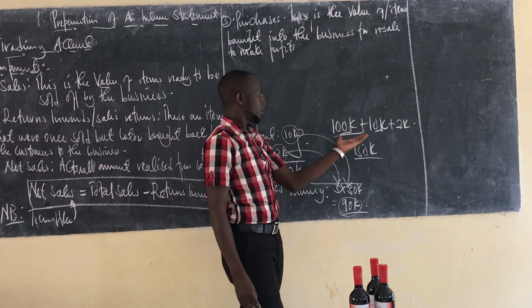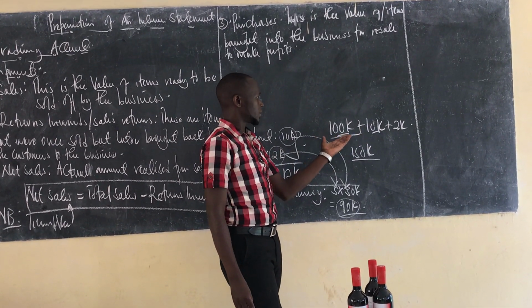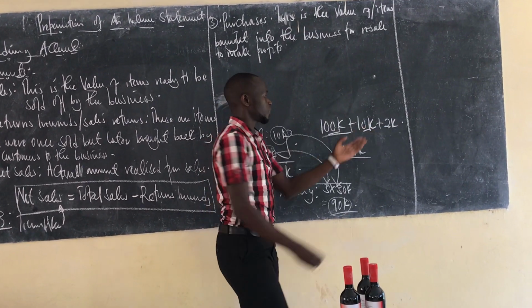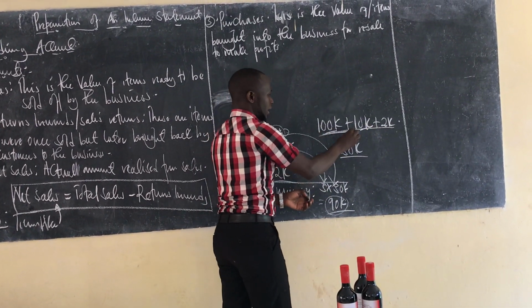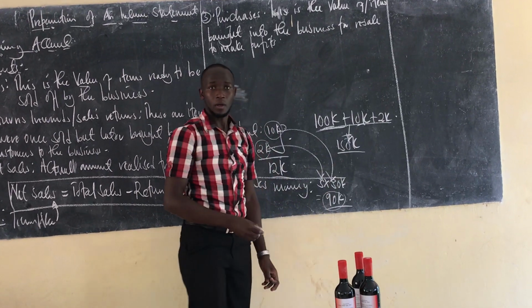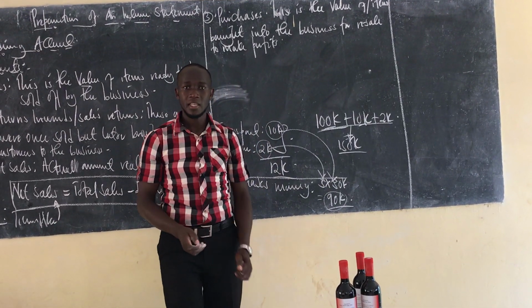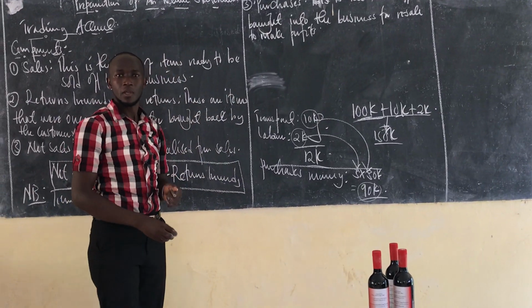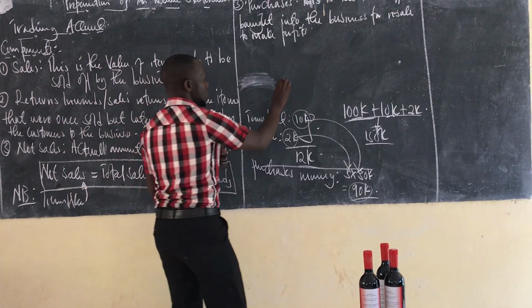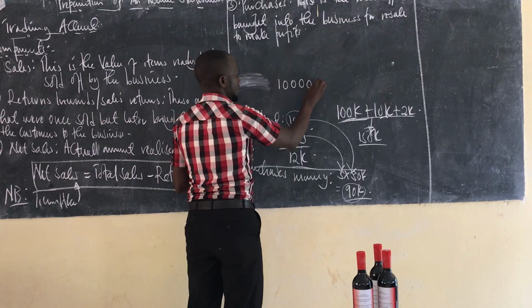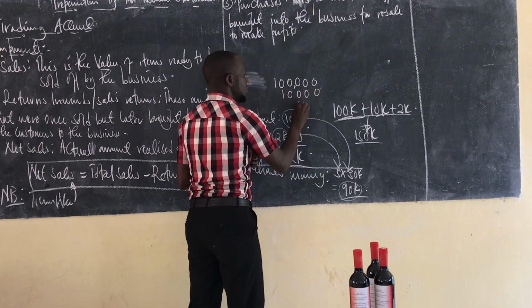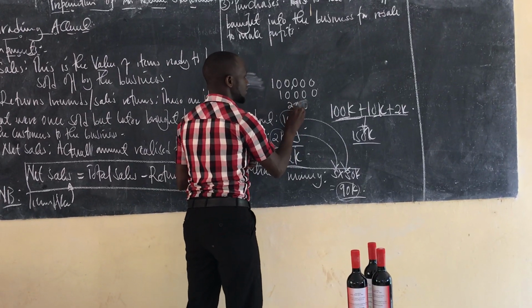When you look at 100,000 plus 10,000 and the 2,000, this money is way less than the 150K, because your mind tells you you are going to be making the profits. So you become happy because you have the 100,000 with you, you have the 10,000 added on, then you have the 2,000 added on.